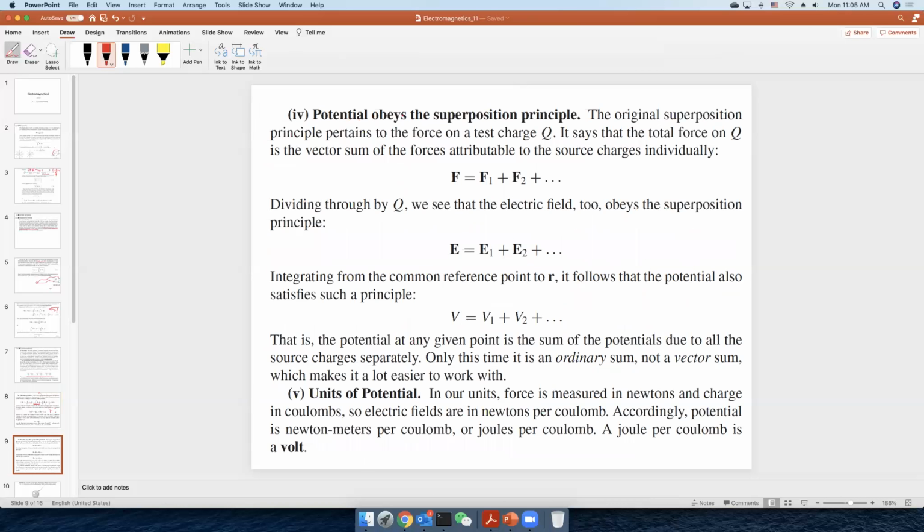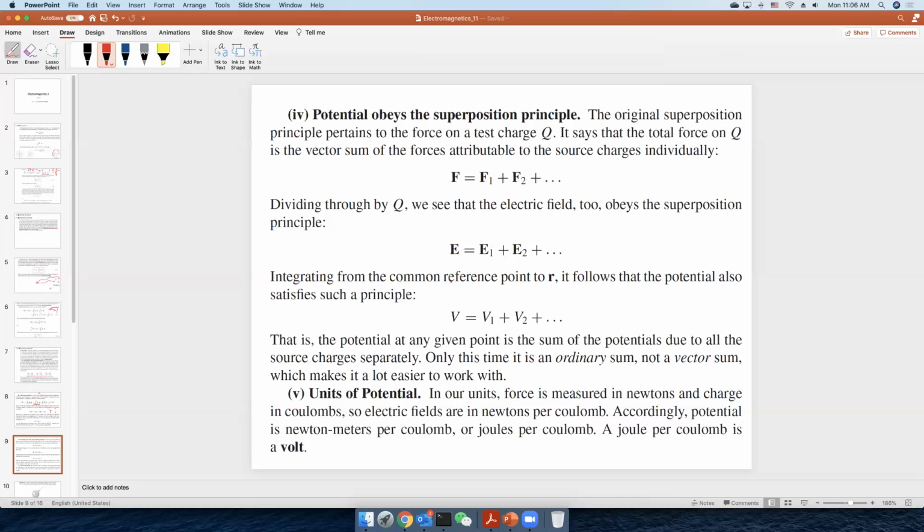Okay, potential obeys the superposition principle. As we discussed before, if you have multiple charges, the net force can be calculated by the sum of forces generated by individual charges. So F equals F1 plus F2 plus all the forces. The same thing for the electric field: your net electric field equals the sum of all the electric fields from different charges.